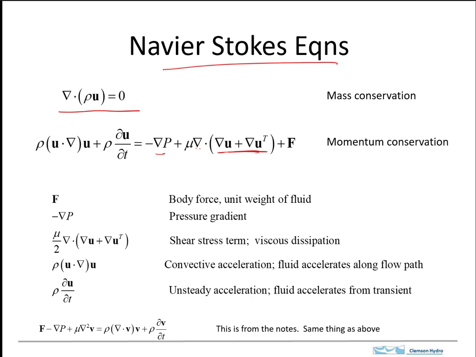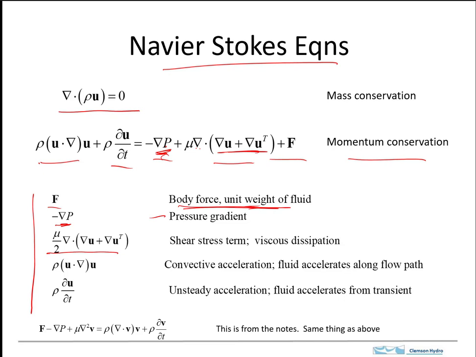And then the momentum conservation that we've been working on looks like this, and it's got these 5 different terms. Here F is the body force, the unit weight. This del P is like the minus the pressure gradient. This term here is the shear stress term.